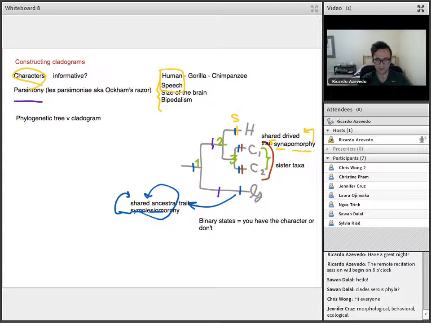So what if the ancestor didn't have it? This number two acquired that trait, and also in the gorilla it was independently evolved. Why isn't that a plausible explanation of what has happened here? Why not have two changes instead of one? Anyone with any suggestion on why not?